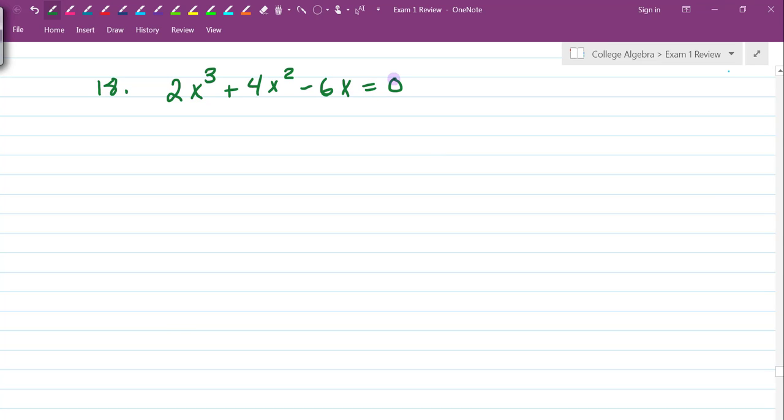So in this case, let's notice that we have a common factor of 2 for each of the terms, and we also have x as a common factor of each of the terms. So let's factor out a 2x.